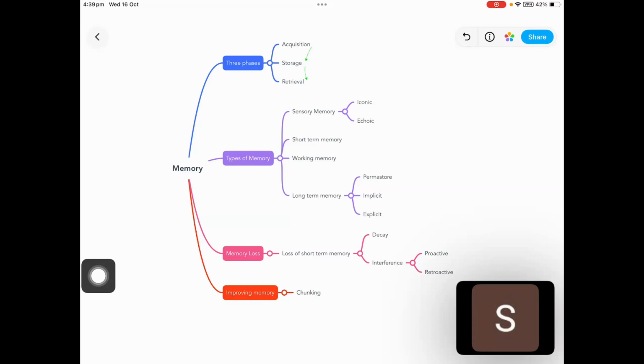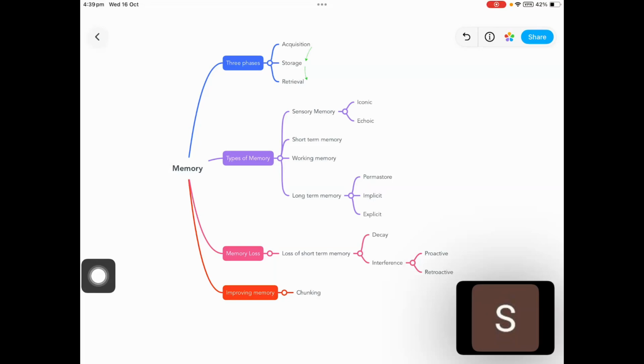There are a couple of different types of memory. When we're talking about memory, there's sensory memory, iconic being visual memory, echoic being like hearing, auditory memory, short-term memory, working memory, and long-term memory.